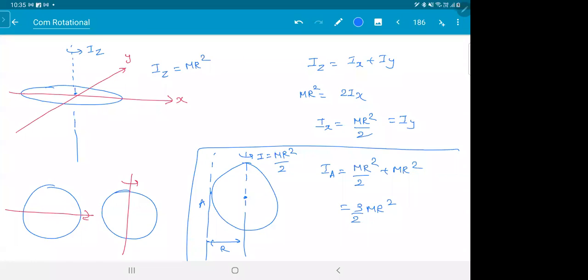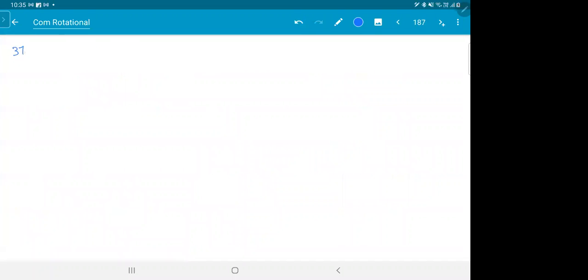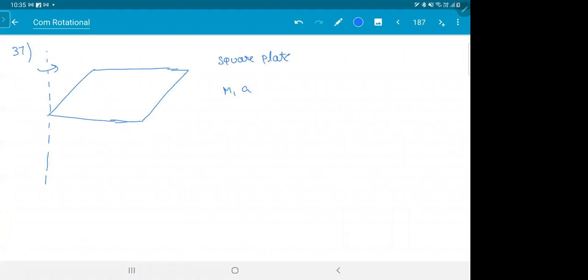Let's see one more. So we have a square plate here. Mass M, side A. I want about this axis. About the edge.